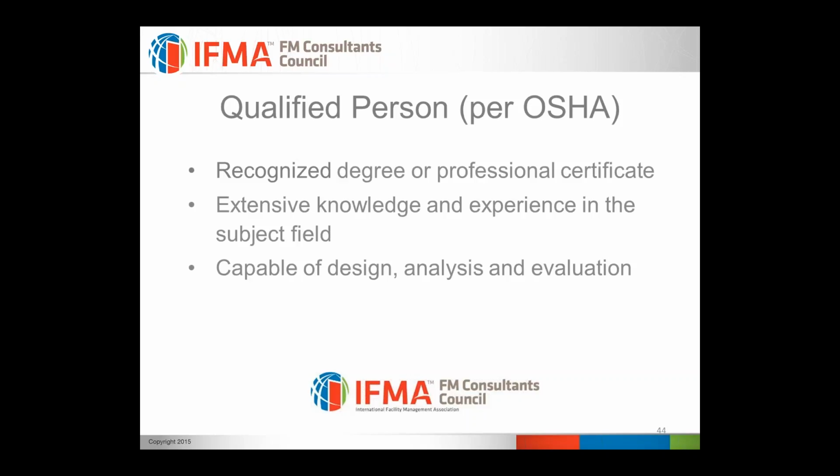Somebody who has a recognized degree or professional certificate, meaning they're not spelling it out. You don't have to be an engineer, a professional engineer, but certainly you could read that into it. Extensive knowledge and experience in the subject field, and in this case we're talking about fall protection. And this is a piece that a lot of folks overlook. I hear a lot that, well, I had a structural engineer design my anchorage, so therefore I'm good.